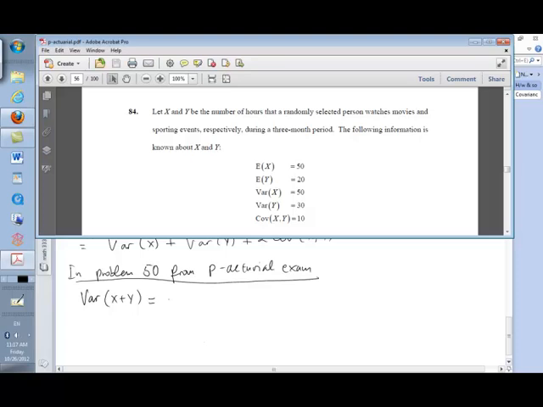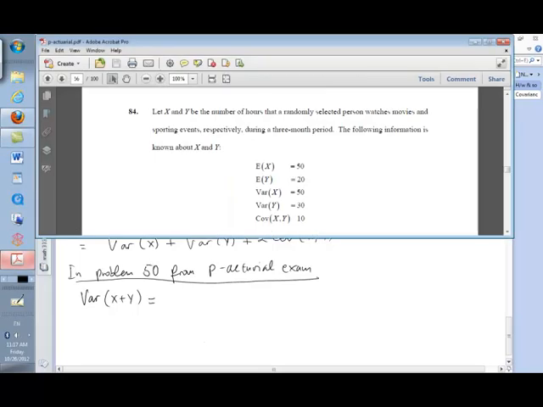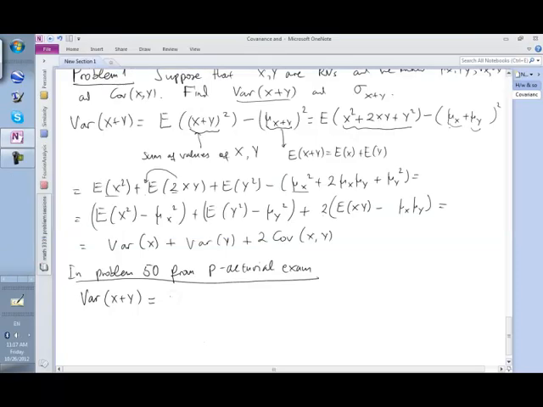So what I will do here is to use these values: 50 plus 30 plus 2 times 10, so that gives us 100. And so the standard deviation of x plus y is equal to 10.